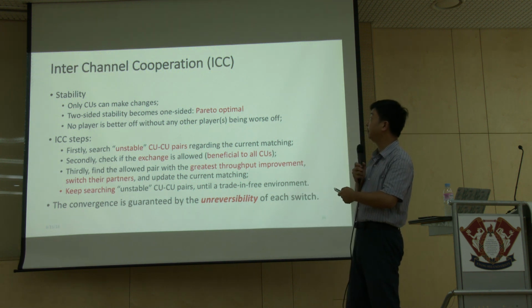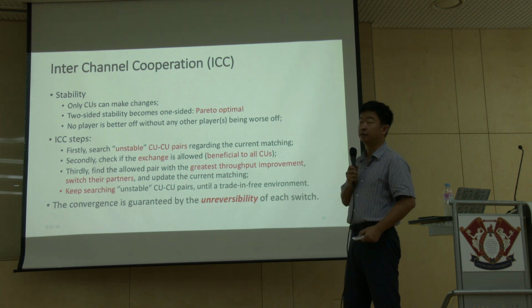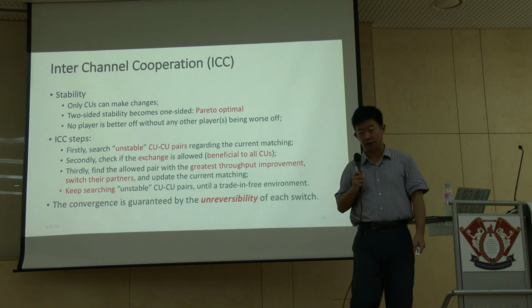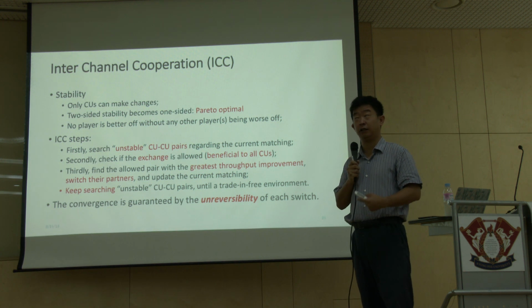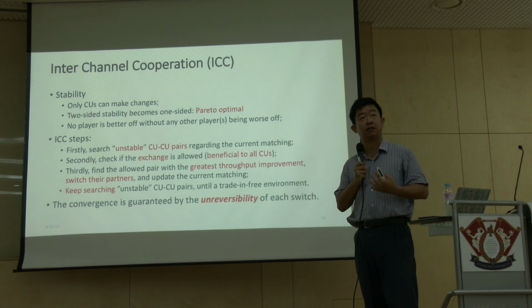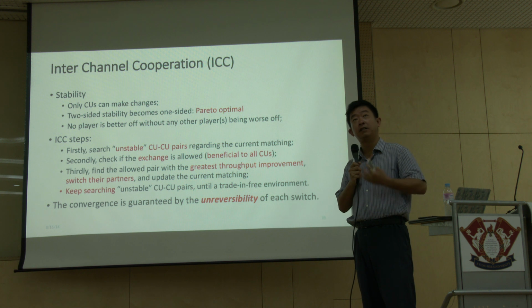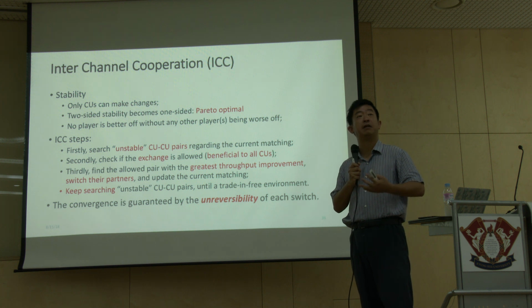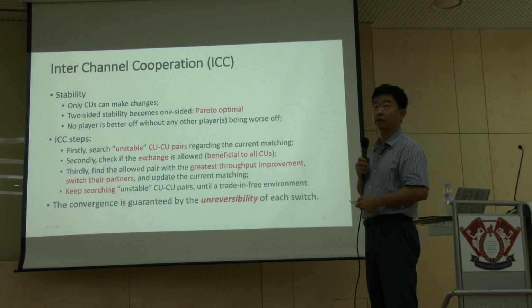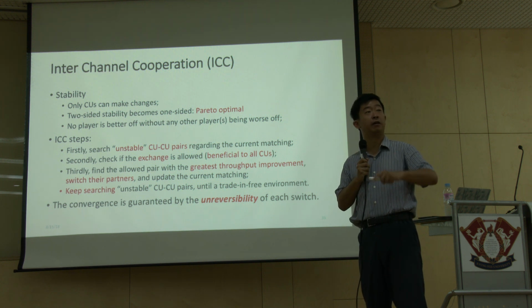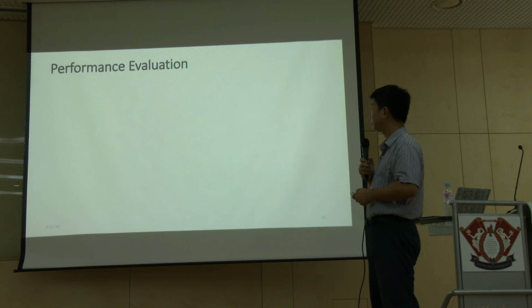This swap idea is typically used to improve performance in matching with external effect, because with external effect the performance might not be near optimal. So you need such a swap solution to improve the performance one by one.